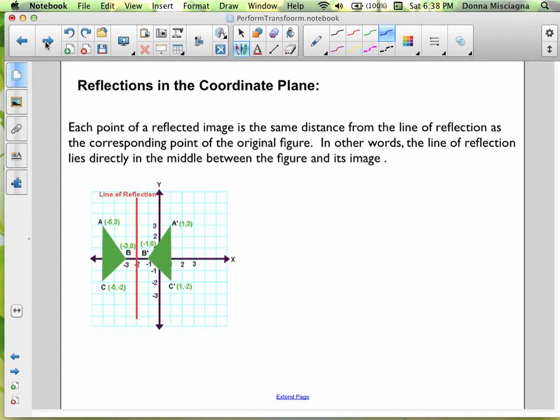So, reflections in the coordinate plane: each point of a reflected image is the same distance from the line of reflection as the corresponding point on the original figure.